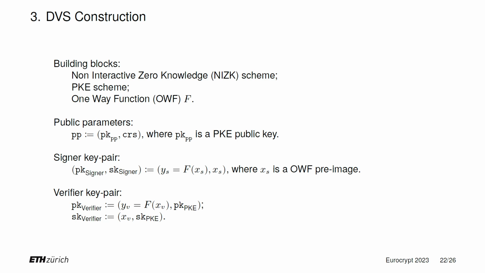A signing key pair is similar to before, except that now it's a pre-image and the corresponding image of the one-way function. The verifier key pair is also a one-way function pair, a pre-image and the image of a one-way function, and now also a PKE key pair.